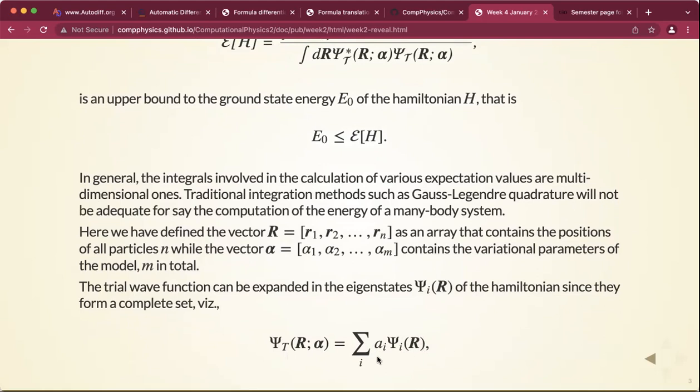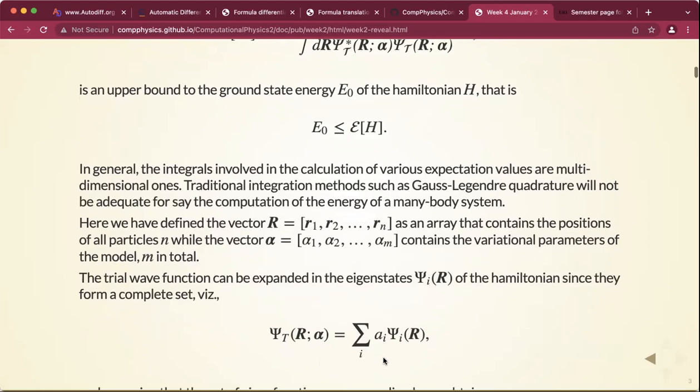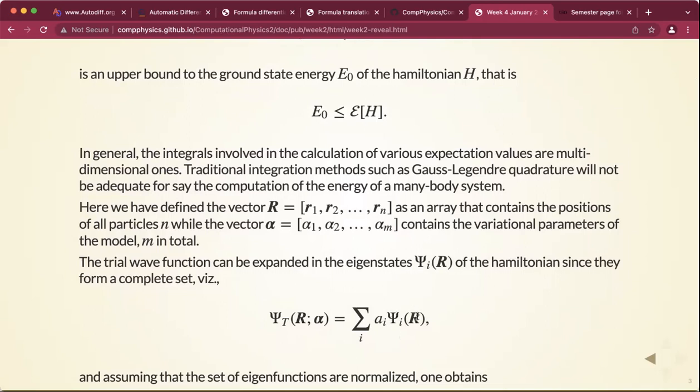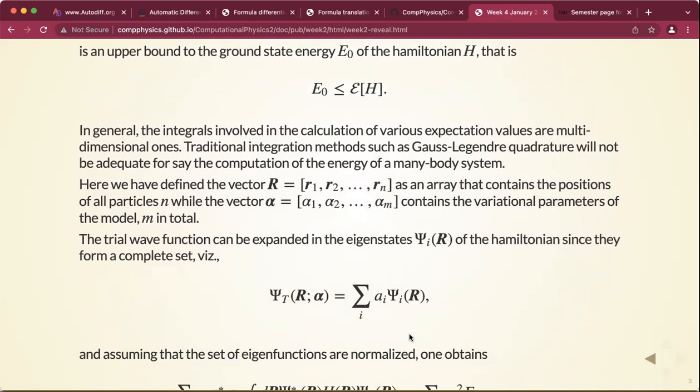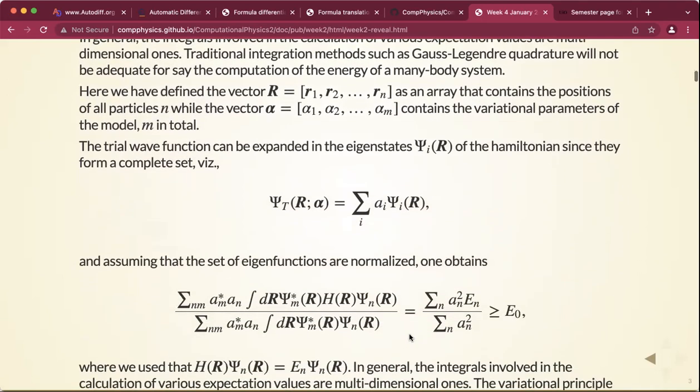And these do not depend on the parameter alpha. So in general, the wave functions which you have here are the exact solutions of the eigenvalue equations. And you can expand this ansatz in terms of the exact solution.